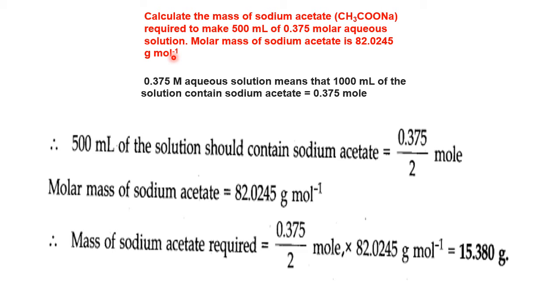In the same way, 0.375 M means 0.375 mole in 1 liter or 1000 ml of its solution. Okay, so that's why the number of moles present in 0.375 M is 0.375 mole. That much is there in 1000 ml of its solution. Okay, right.